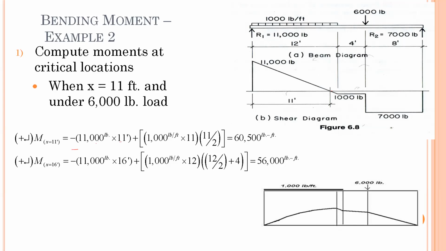So this will be minus what now? Some big value there. Then what they do now with this is the UDL part. So you have to take the 1,000 times it, you convert from UDL and half of the distance here, which is what, 5.5, right? So that's a bending moment because that will be the distance, right?